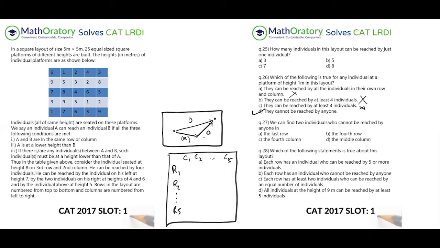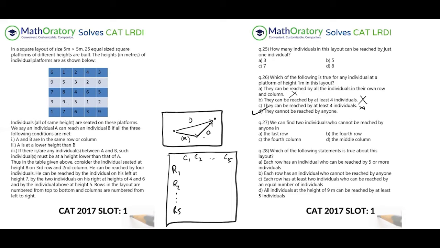They cannot be reached. This is the answer. We already know that whichever person you have to reach, the A and B thing, the second condition here, A is at a lower height than B. Nobody is at a lower height than one, right? So one can never be reached. This is a very simple question. So 26 is D.